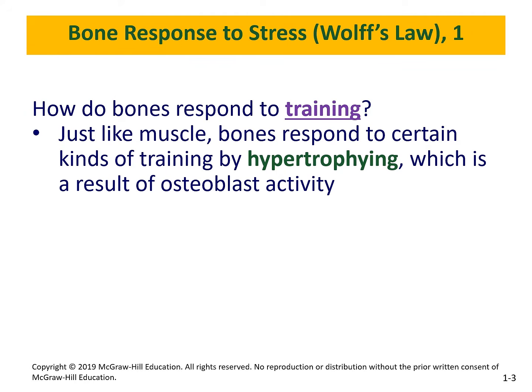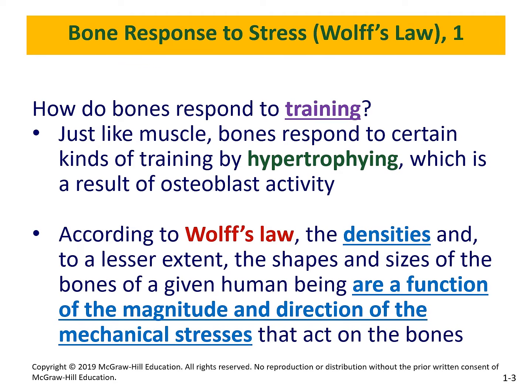Now, here's the thing. The extracellular matrix for bone is different from the extracellular matrix of skin or muscles. Each cell type lives in an environment that is telling the cells that I'm bone, or I'm heart, or I'm muscle. So that's something you need to keep in mind. Now, osteoblast activity, this is hypertrophy.